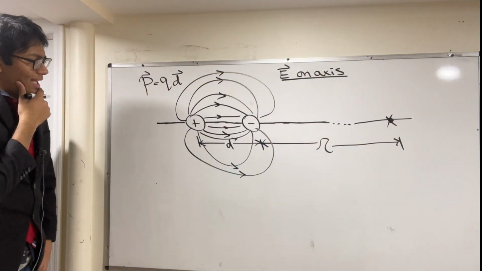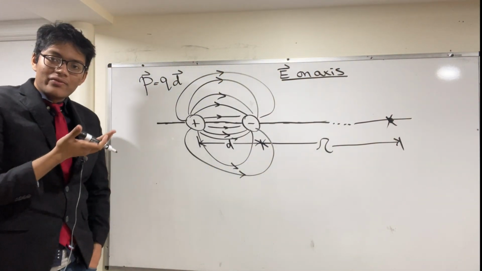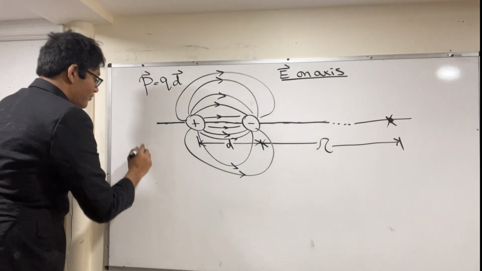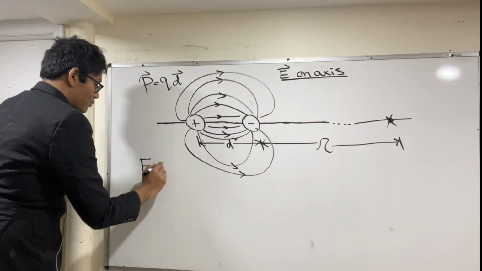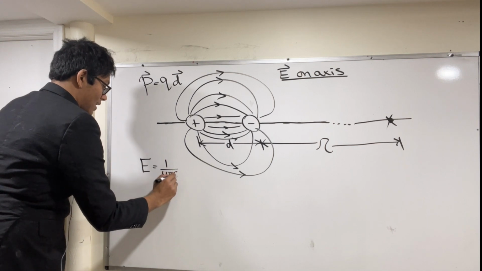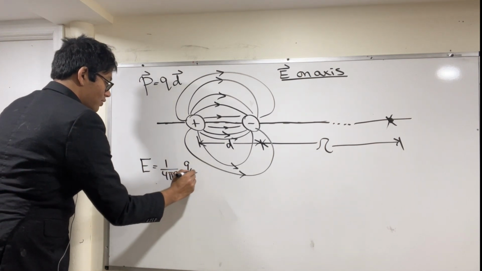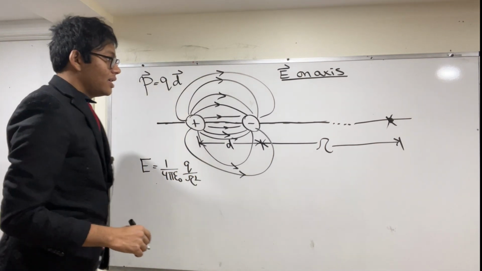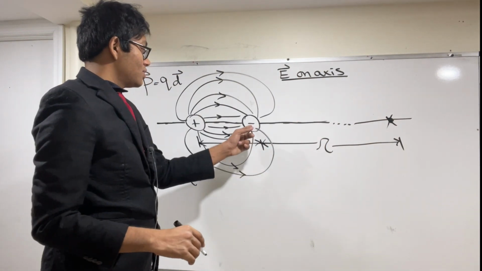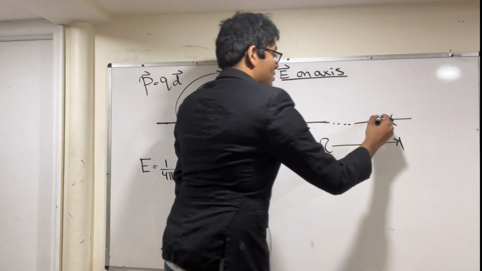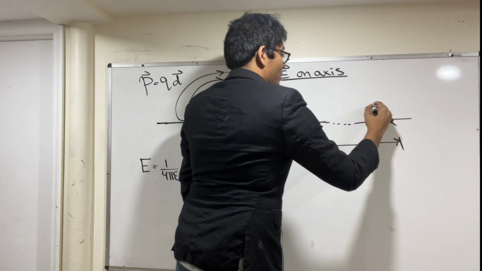Well, on the axis of the dipole, what is the electric field? Let's think. The electric field for a point charge is 1 over 4 pi epsilon naught, K in other words, Q over R squared. Here we have one charge that is negative, so that's going to create an electric field line going this way.